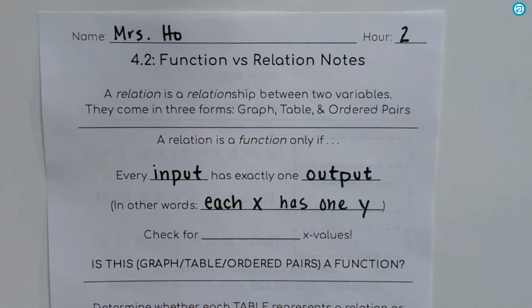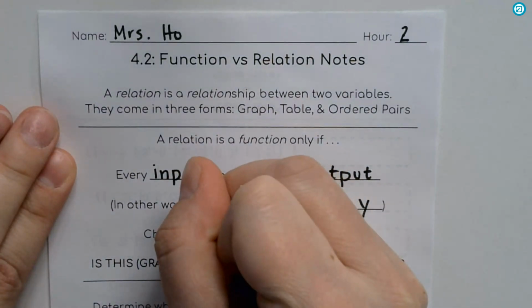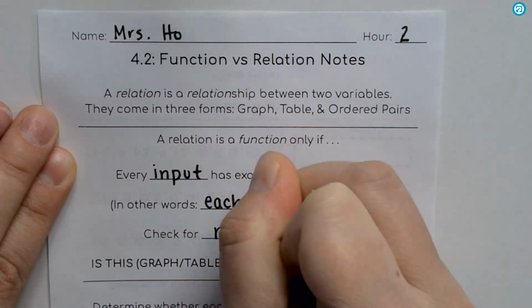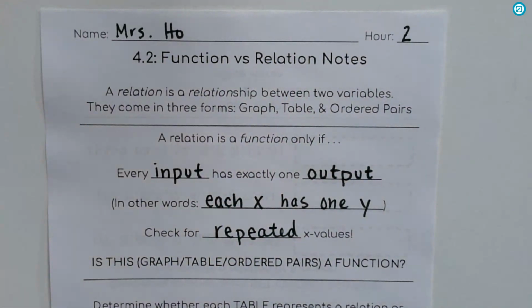So how we will find if something is a function is we will check for repeated x values. Because if an x value gets repeated, there's a chance it might lead to multiple y values.